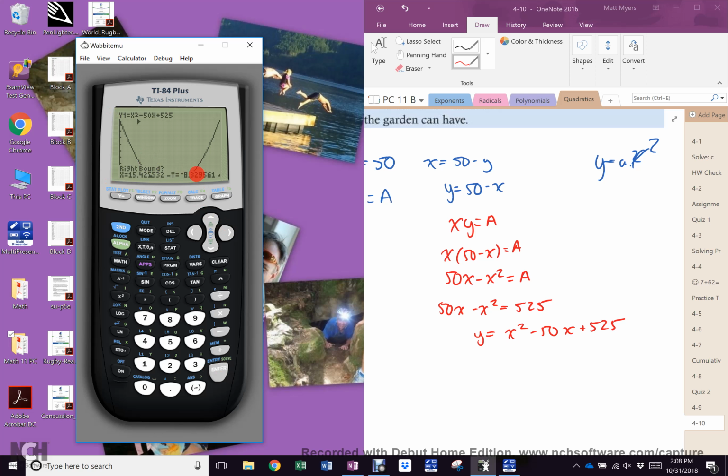I have -8. Can I make it my right boundary? Enter. And then it's going to ask me to guess. Do I want it to guess now? What does it give me? X equals 15. We have an answer, yes? Now all of you try to find the other one for me.